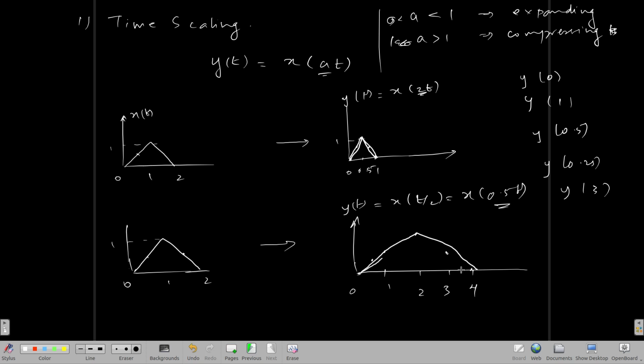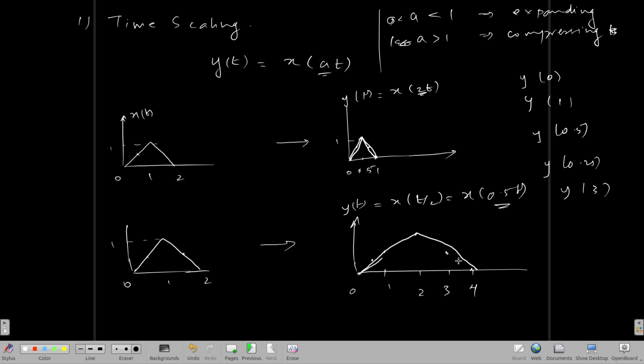Since it is a continuous signal, for any interval of time you can get infinite number of values, samples, right? That is how you are able to expand this. And if you are able to maintain that continuous signal as a continuous signal, you can do any of this.